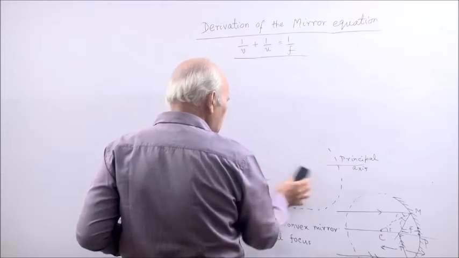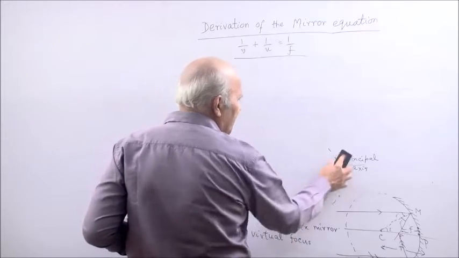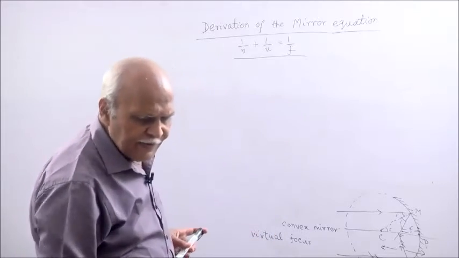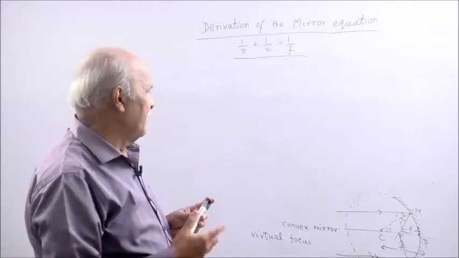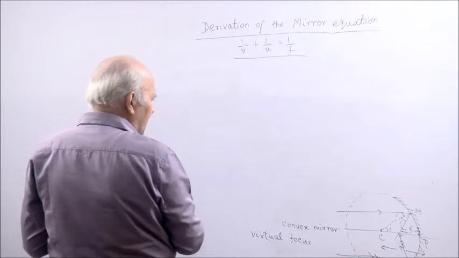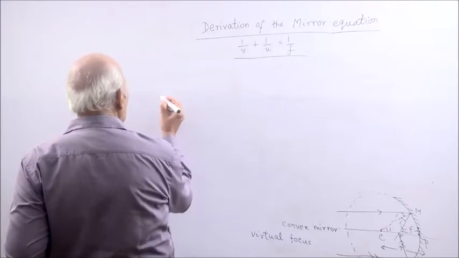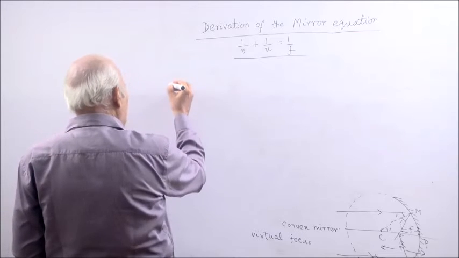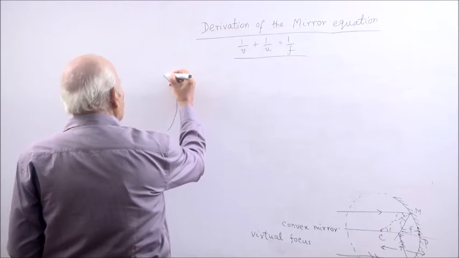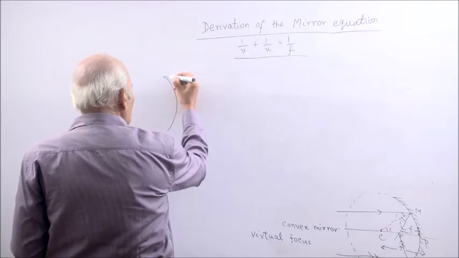We will work out only one, because the time is limited. In the NCERT book there is a derivation for the real image by a concave mirror. So, let us try to find the mirror equation for the virtual image.